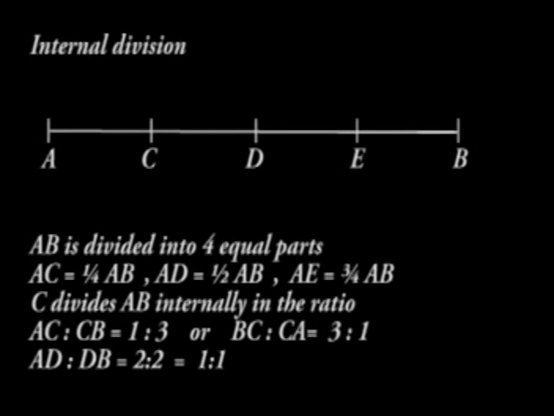Equally, AD to DB is 2 to 2, which is equal to 1 to 1. Generally, a point divides a line internally if it lies between the two endpoints, that is A and B.